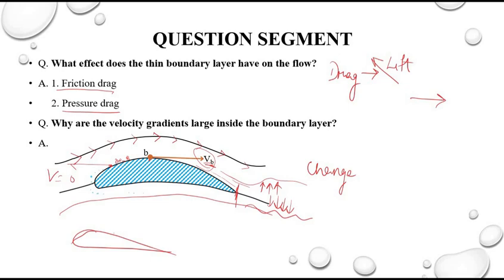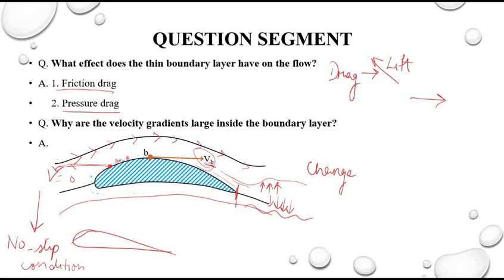And this condition where, because of the friction, the molecules stick to the surface and the velocity is 0, is known as the no slip condition. That is, molecules are sticking to the surface of the airfoil and they are not slipping away. That is why we call it a no slip condition.